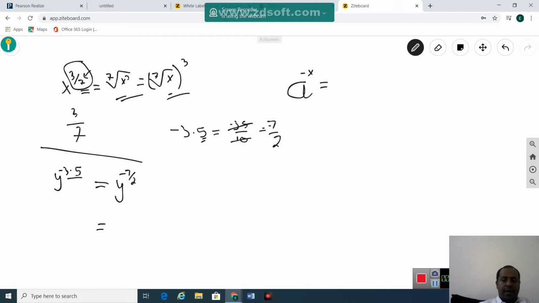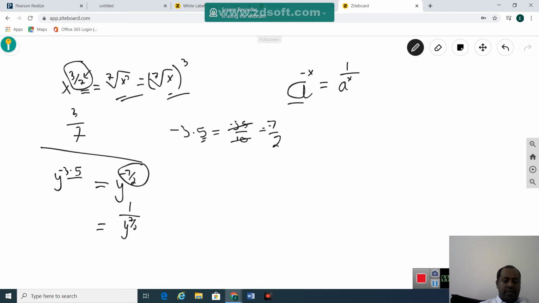So for example, a to the power of negative x is equal to 1 over a raised to x, or a to the power of x. Therefore, when we change this negative rational to the positive, I have to take the reciprocal of the power, which is 1 over y to the power of 7 over 2.